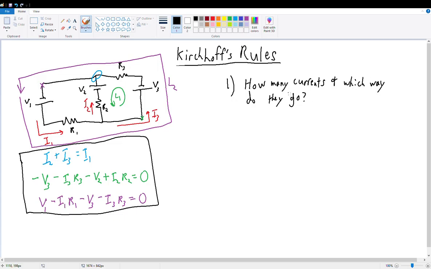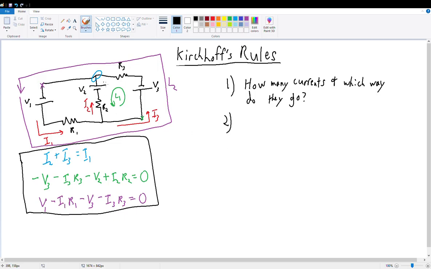Importantly, when we're asking which way they go, just pick. It does not matter which way you think they're going. The math will tell you if you're right. So you just have to pick a direction for your currents. That is step 1.